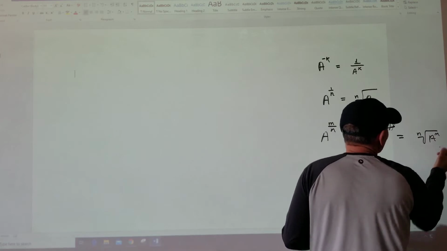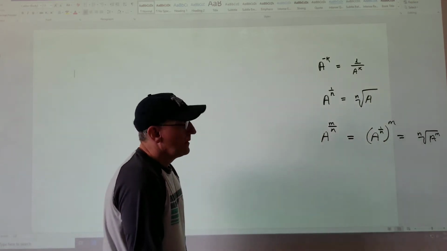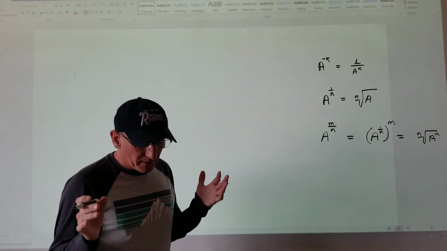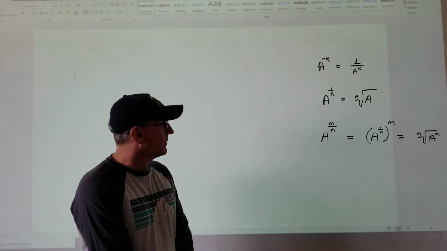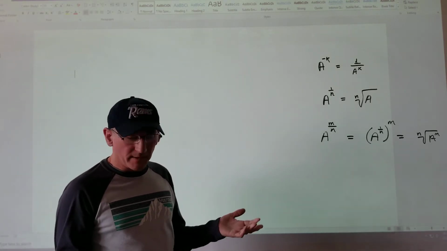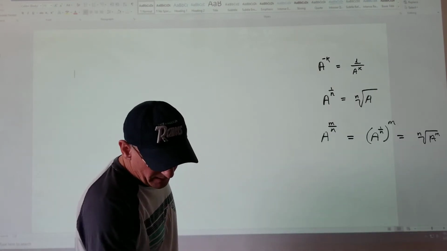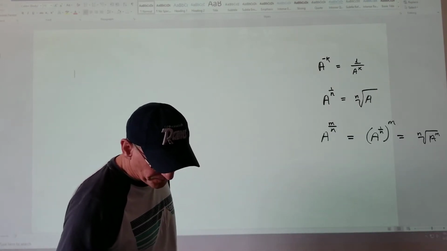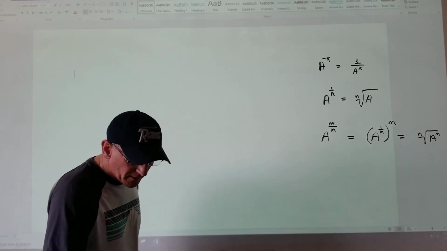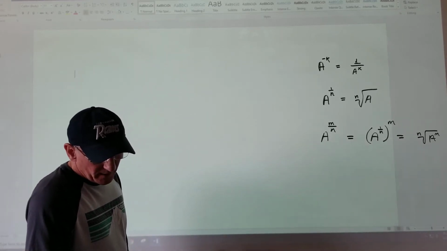I'll put it inside here. Okay, and I'm not attempting thoroughly to explain why these properties work. These are supposed to be review exercises, so I'm just going over the properties that you're going to need to know.